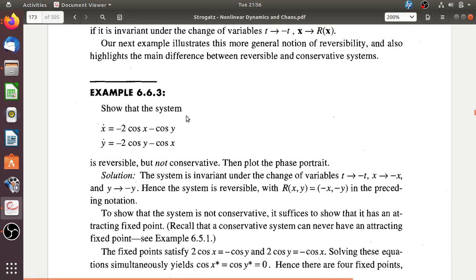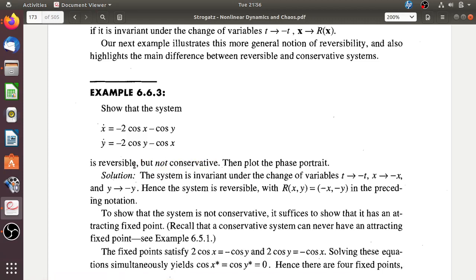Now we'll see one more example, which is this one. In this one, what we have to show is that this system is reversible, but not conservative, okay. Well, first, is it reversible?